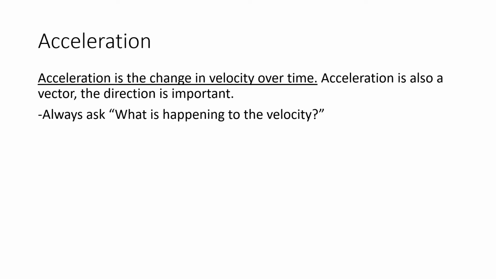The velocity is this way, but the acceleration is that way, until they cancel each other out, and we're at zero again. So the thing is just to always ask, what is the velocity doing in this problem at this moment? Is the velocity constant? Is the velocity changing? How is it changing?